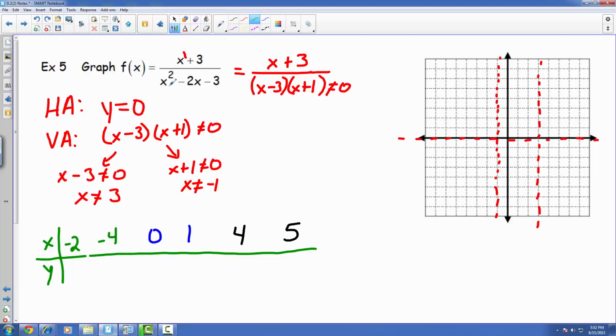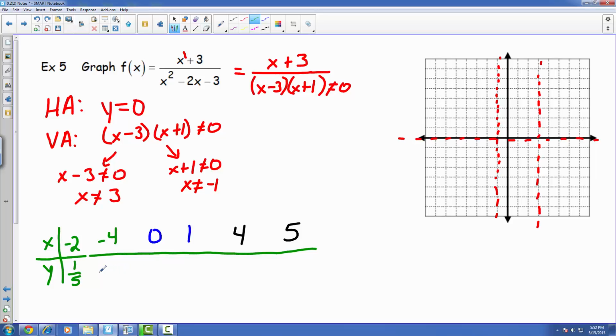When you plug in negative 2, you get a value of 1/5.